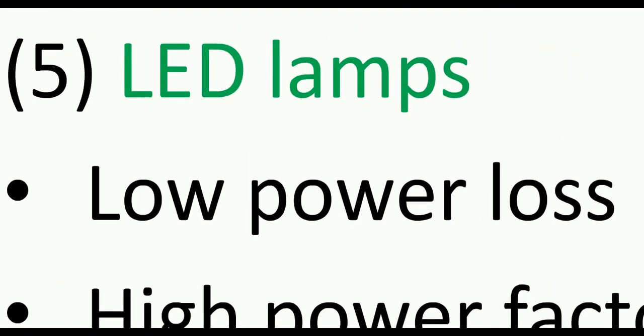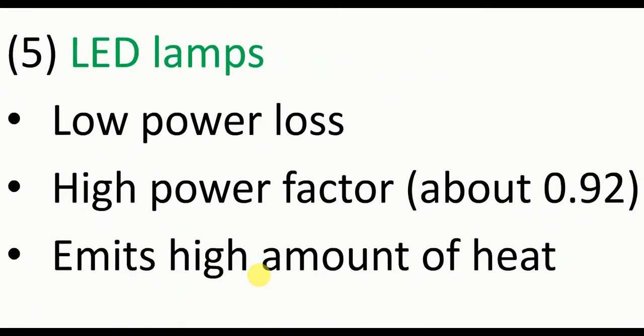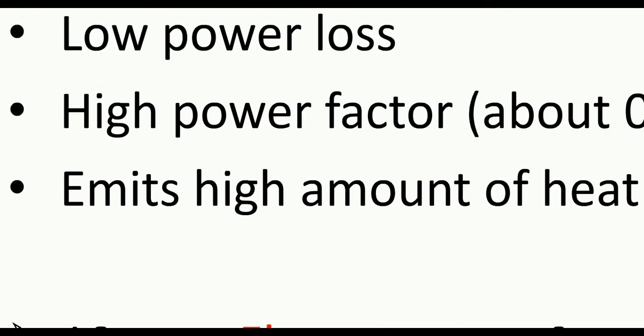LED lamps have low power loss in heat or in other things, and they have a high power factor, about 0.92, so its power factor is high, and this is a good advantage.